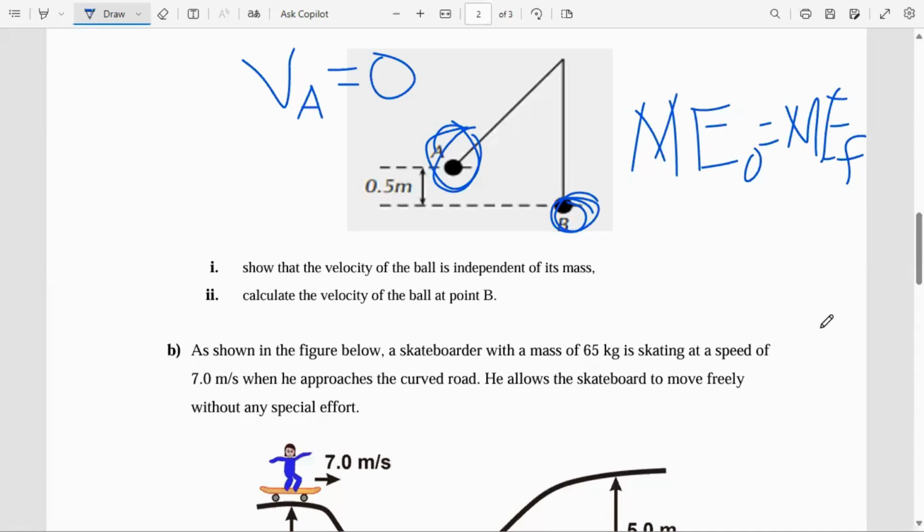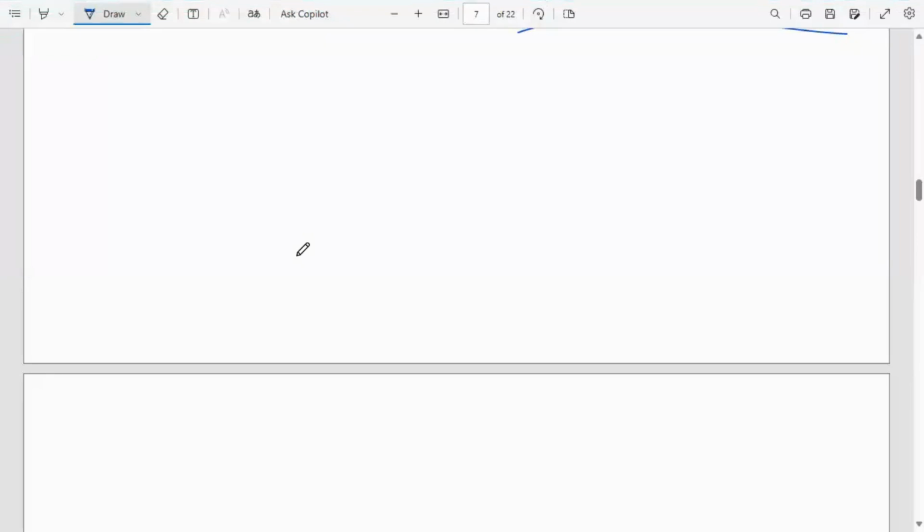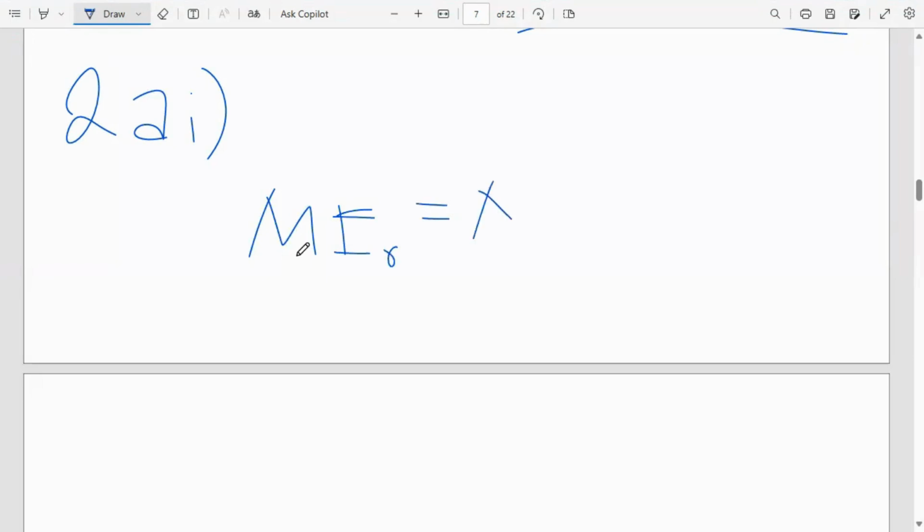This is what we are going to follow in order to solve question 2A1. We are saying mechanical energy at the initial point should be equal to mechanical energy at the final point.